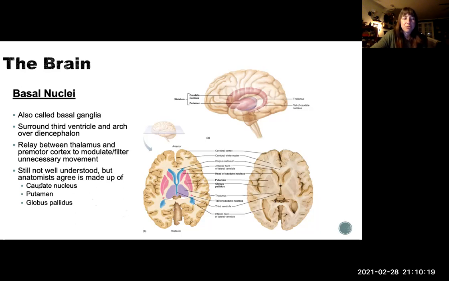The three different names for them are the caudate nucleus, the putamen, and the globus pallidus, which basically just means the round white sphere. Okay, so the white pallid globe. So yeah, I guess in 3 dimensions, it appears to be kind of a weird sphere.